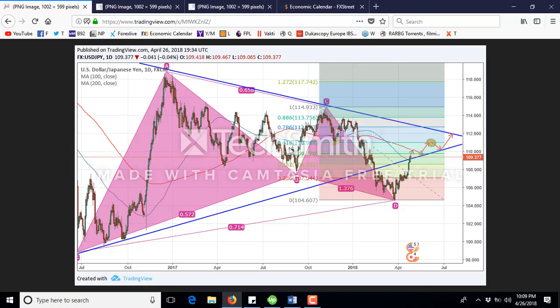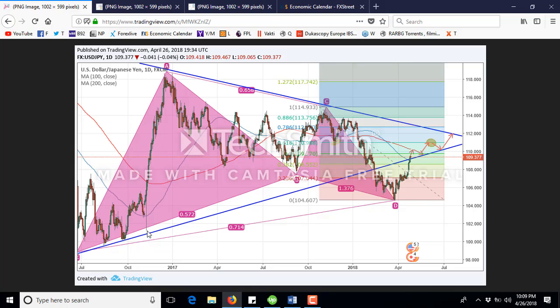What the dollar yen does is only consolidate and go sideways. So it's not a correction, you cannot buy it. For example here, this is a big move, but still, look, you have green candle after green candle, and this is not a correction. This is a consolidation at the highs, it continues higher, again one small red candle, consolidation continues, and only here you can see a minor correction.